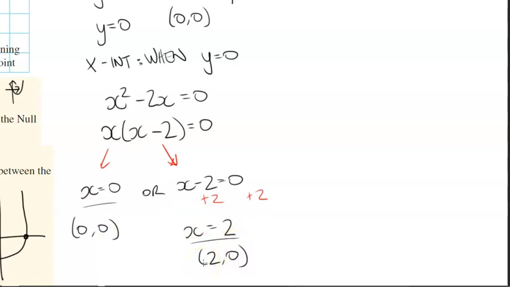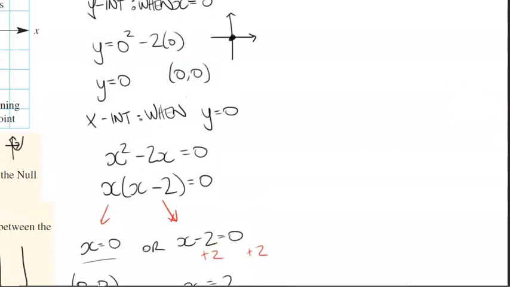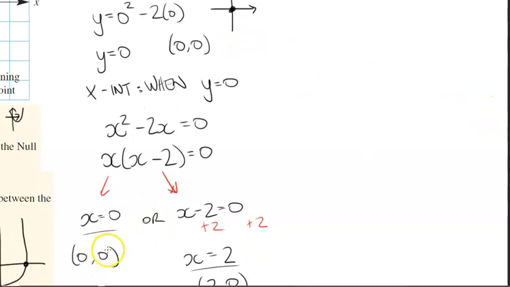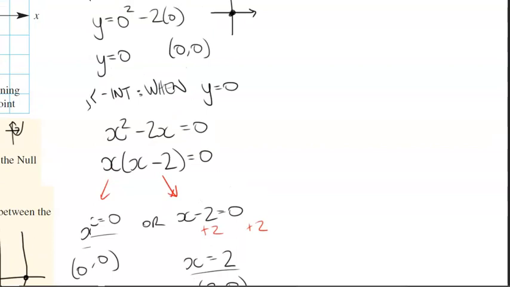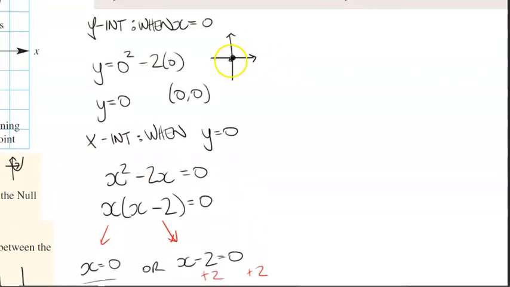So now we found these x coordinates, or in other words, if we go back up to this rough graph, we've already got this (0, 0) here for our y-intercept, so we know the x-intercept is the same thing. But we've also got another one where it happens at (2, 0), when x is equal to 2, which is here, y is equal to 0. That's 1, that's 2. Now, this is just really rough.